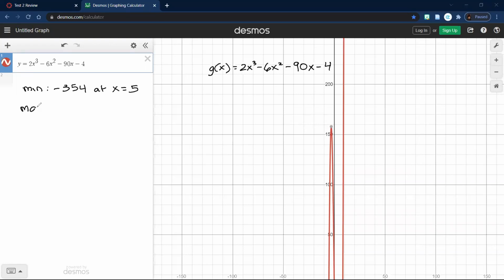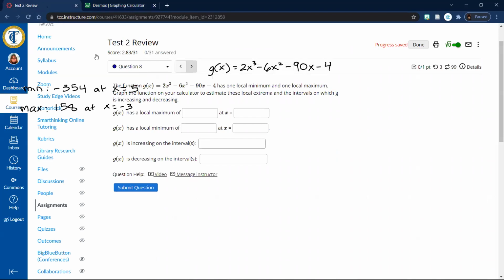So our maximum is 158 at x equals negative 3. If we switch back to this, our local maximum here would be 158 at x equals negative 3.